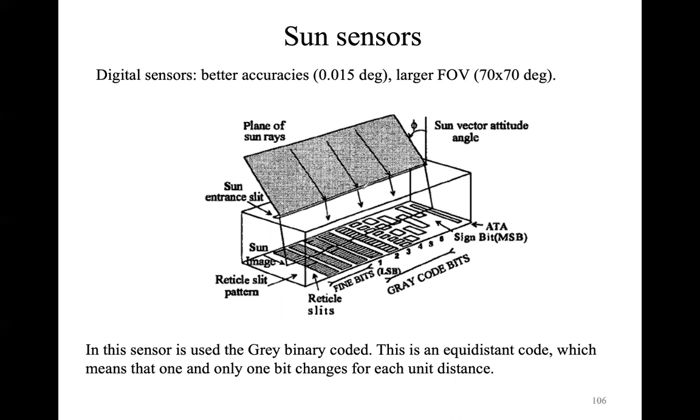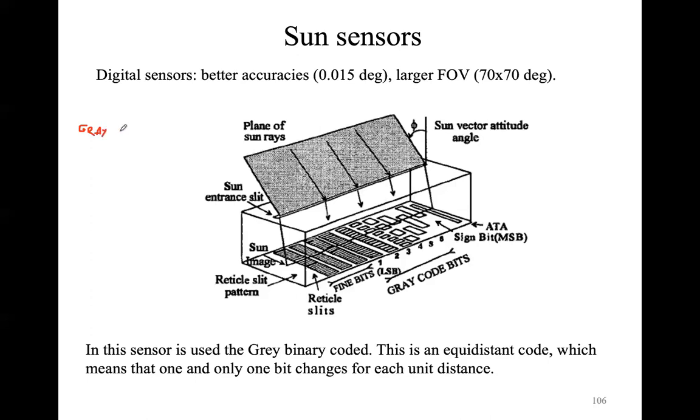The main advantage of this configuration is that it is designed by using a gray code. The advantage of a gray code means that you have a binary signal from each column. So basically you have the gray code as the output.